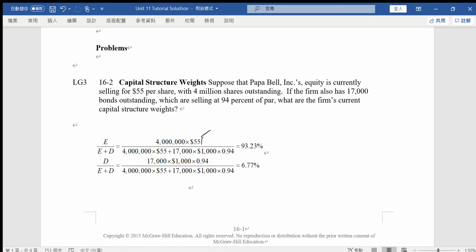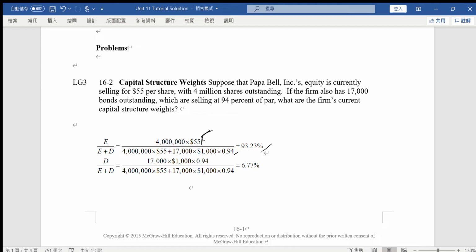The total, including the bond, will be 17,000 times 1,000 times 95%, and then added together, that will be the total capital of the company. In proportion, equity will account for 93.23%.